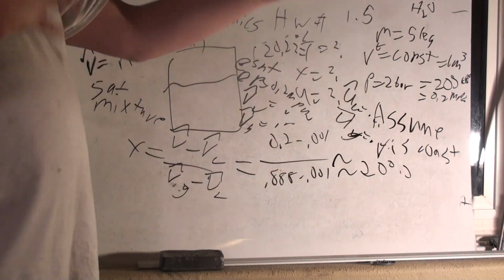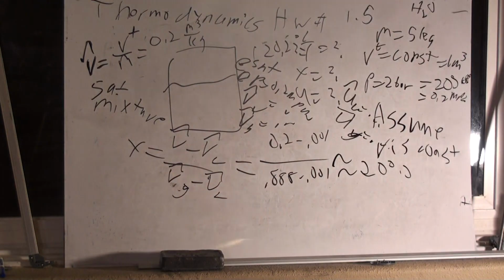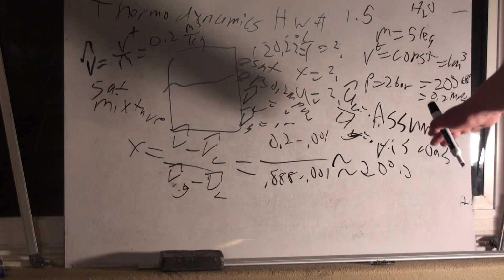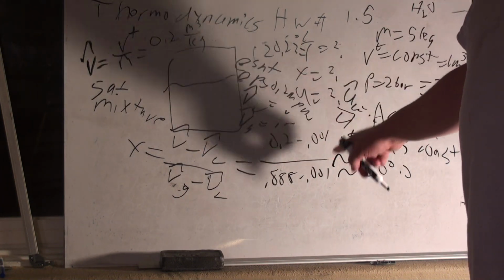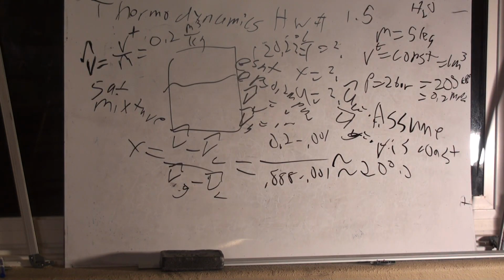I do want that shown on your homework. That way I know you know how to read a table, I know what you're looking for, and more than anything, I know where the numbers are coming from. If you have V gas equals 0.88 and I see 0.88 down here, I know that you're putting things in the right spot and not just guessing.